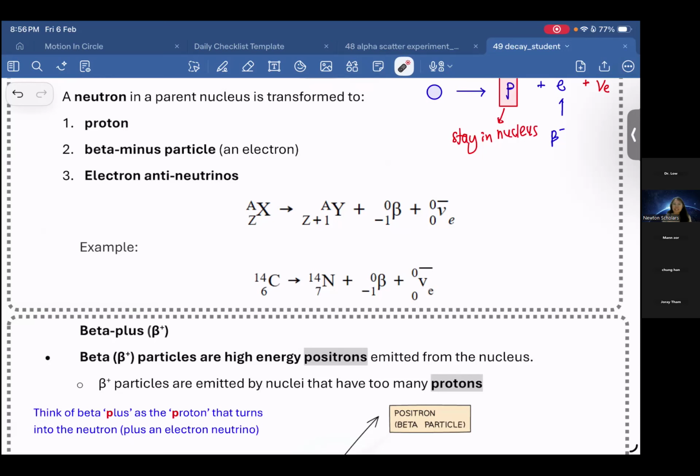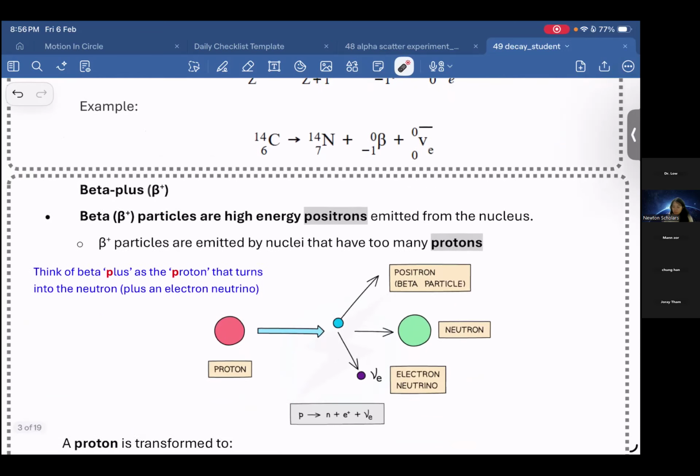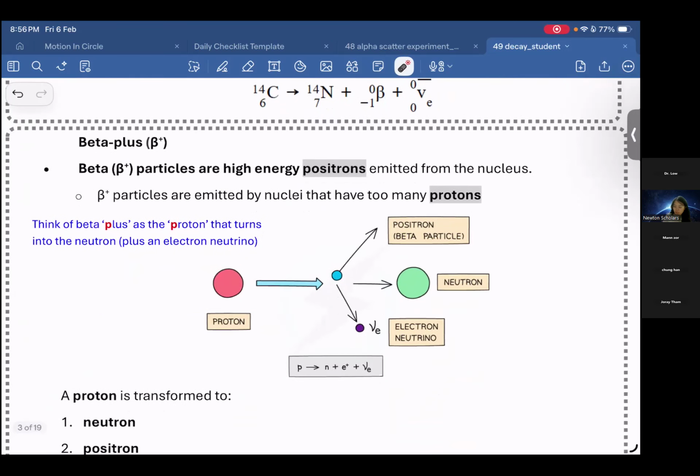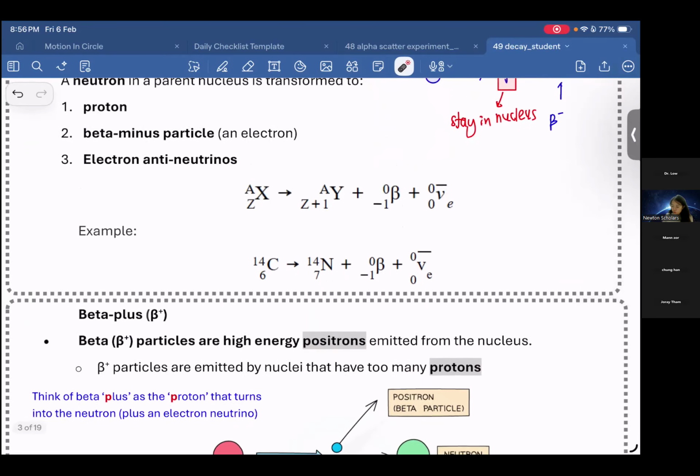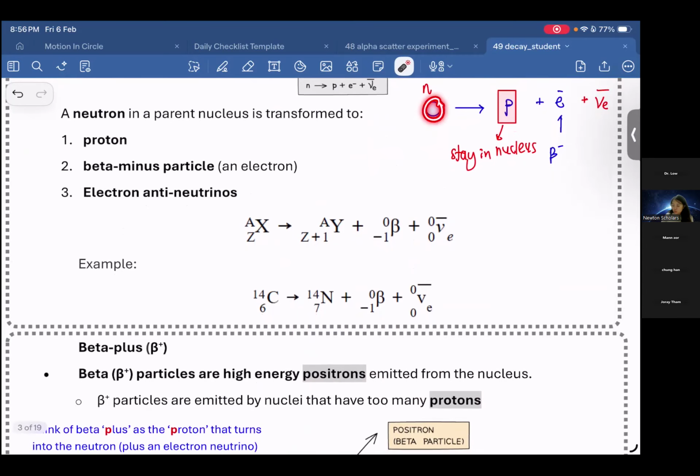How about beta plus? Beta plus is a high-energy positron, the positive of the electron, the antimatter of the electron. Why do we get beta plus? It's because inside our nucleus we have too many protons. Just now it was too many neutrons, so we decayed to get a proton and an electron.